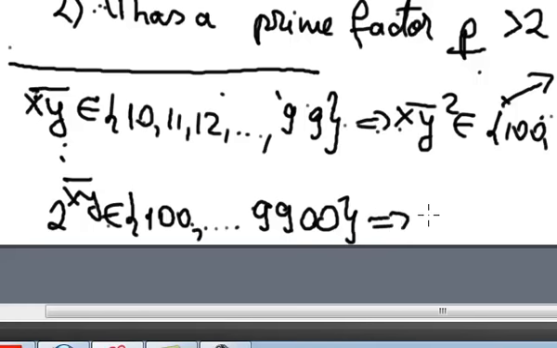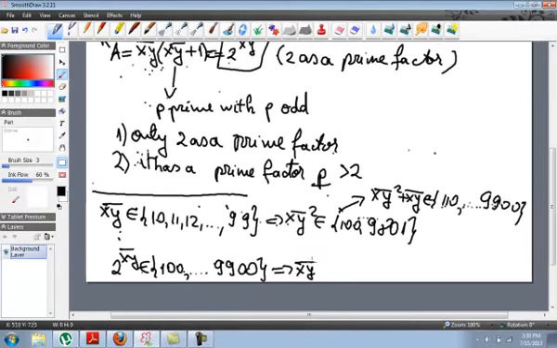So xy cannot be greater than 14, so xy is less or equal than 13, because 2 to the 14 power is 16,000 and something like that. I don't know exactly. I guess 16,384. So we have four possibilities.